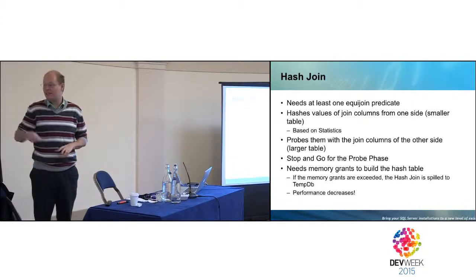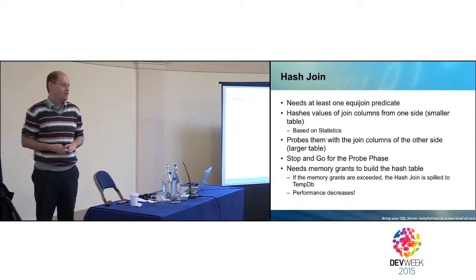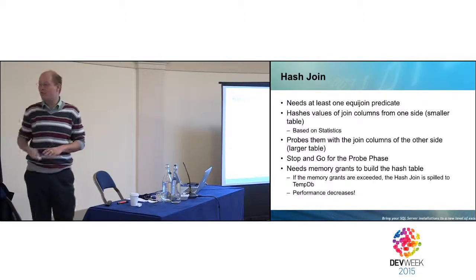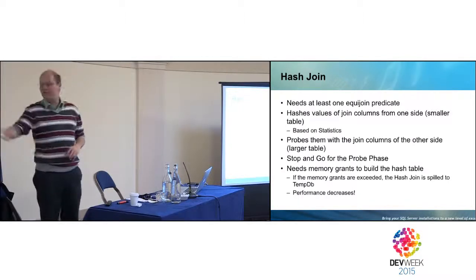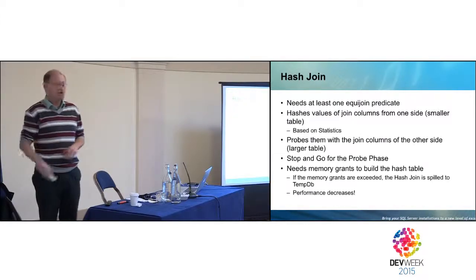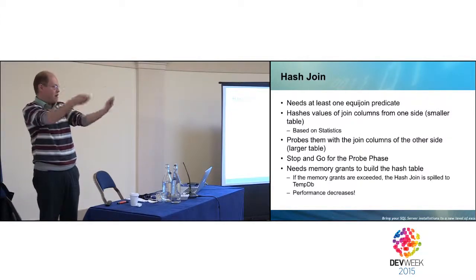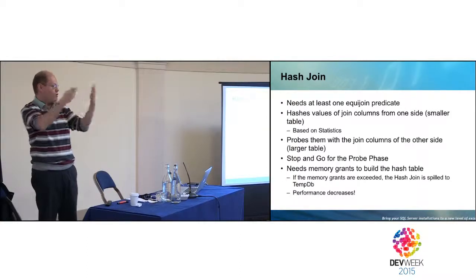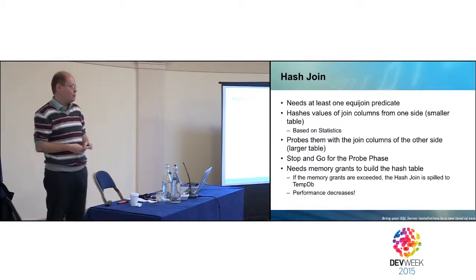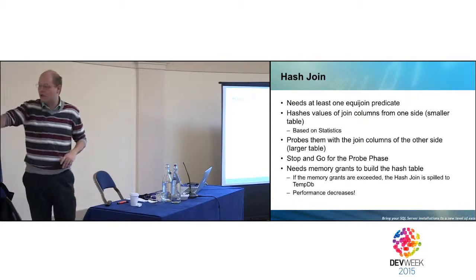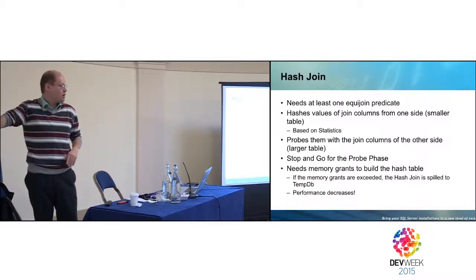And in the second phase, the probe phase, SQL Server takes the inner table, in our case table B, and just probes into that hash table for every record. Value of 2, we apply our hash function. We know a value of 2 is an even value, means we just look in the second hash bucket. If the hash bucket is empty, we have no matching row.